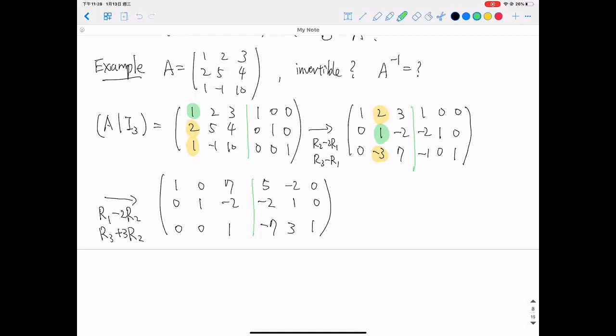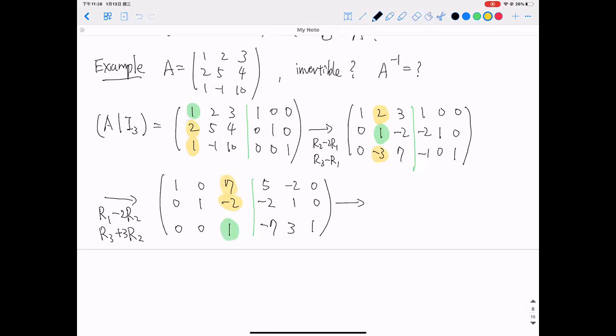Okay, so now we're done with the second row. We move on to the last row, the third row, which has the leading non-zero being a 1. So we use that to get rid of the two non-zero entries above it.